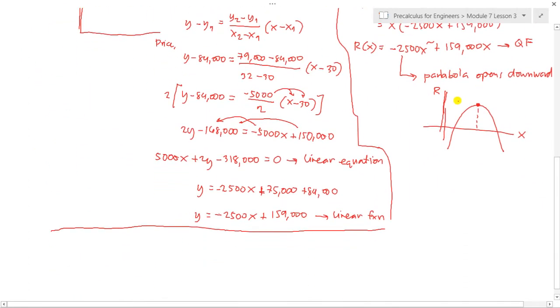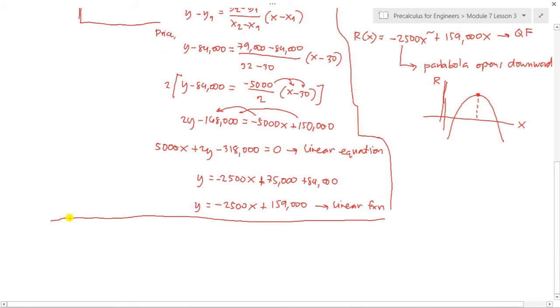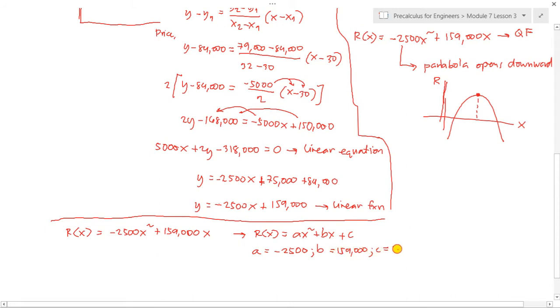So let us go back to the formula on how to solve for the vertex. We have the quadratic function that was generated: negative 2,500x squared plus 159,000x. Writing it as R(x) equals ax squared plus bx plus c, a is negative 2,500, b is 159,000, and c equals 0.